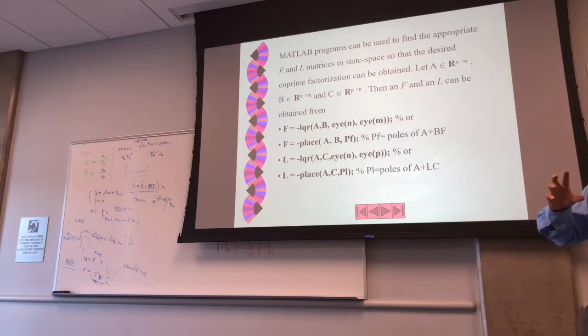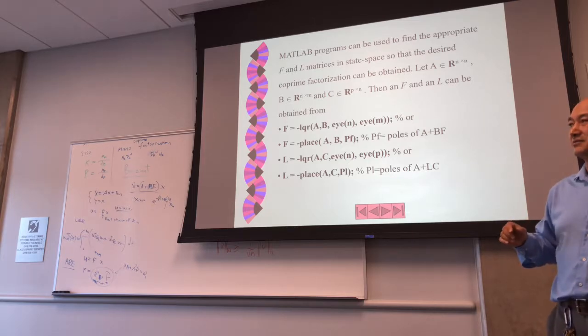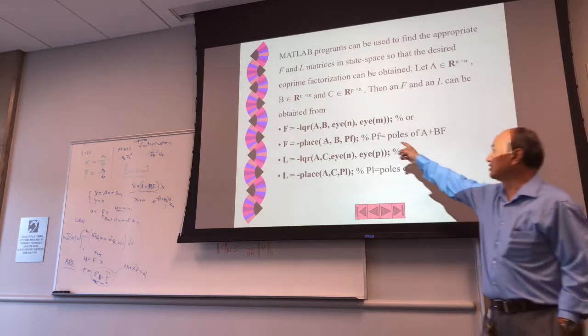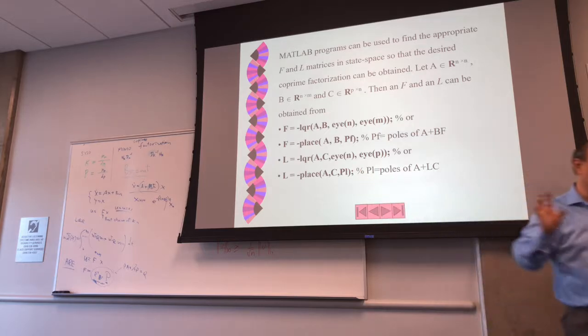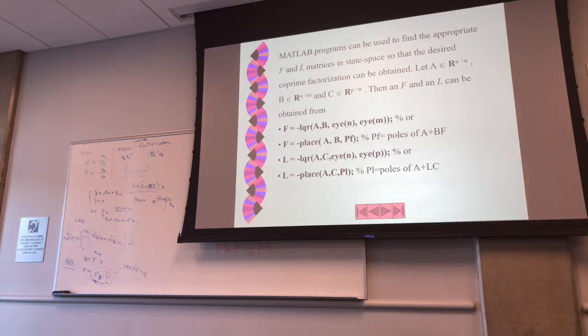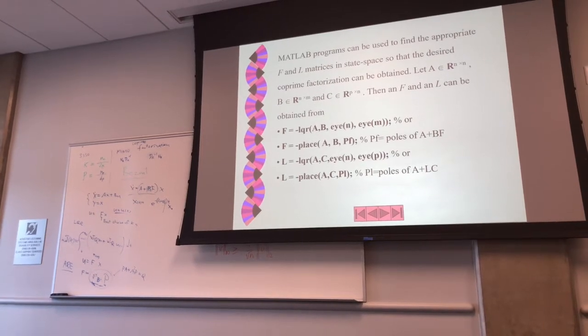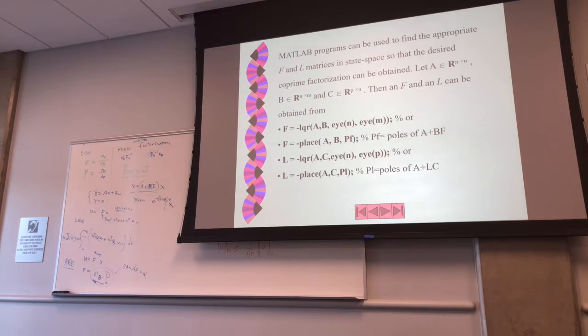So all these are condensed. You should pay attention to understand what's behind the LQR. Although we have LQR presented in the book, it's in a very different H2 type of formulation. Okay, it's quite different.